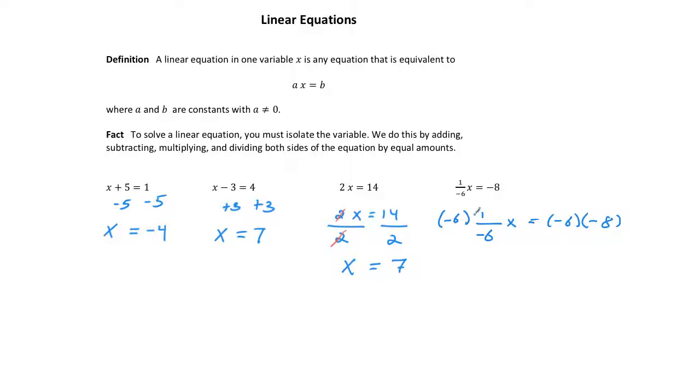And maybe I'll put some parentheses around this as well. If you think of this as a fraction, the -6's cancel, and the only stuff that is left over here is just a 1, which we don't have to write, and so we get x = , and on the other side of my equation, the negatives cancel. 6 times 8 is 48.